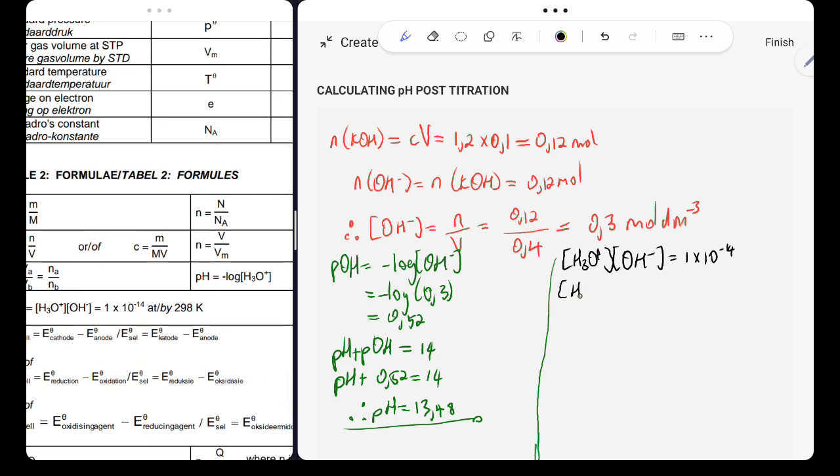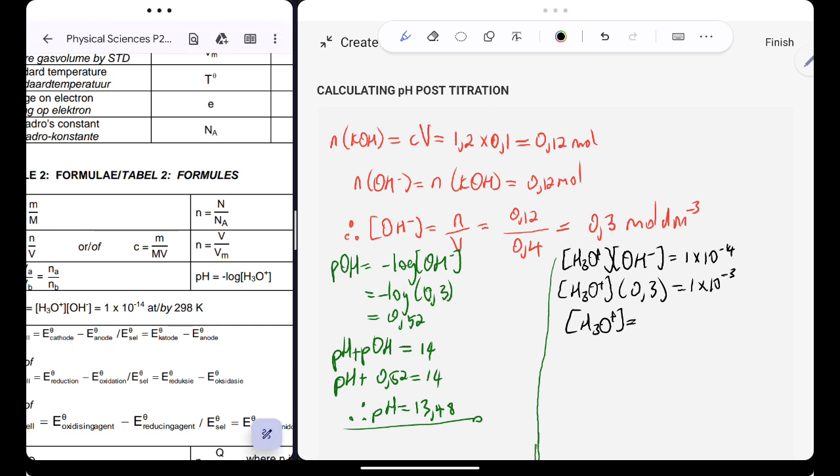The concentration of H3O+, I know this is 0.3. So I can divide both sides by 0.3 for me to find the concentration of H3O+ ions. What do I get? 10 to the power negative 14 all divided by 0.3.